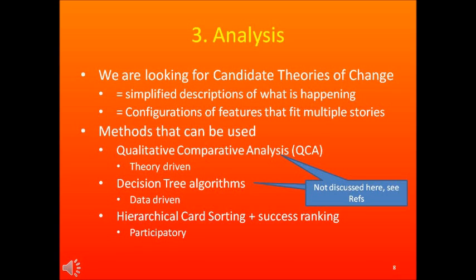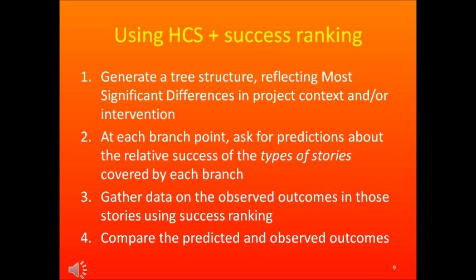I'm not going to be discussing qualitative comparative analysis or decision tree algorithms in this presentation. The rest of the presentation will be about hierarchical card sorting combined with success ranking, but there are a few references to these other two methods at the end of the presentation. The process of using hierarchical card sorting and success ranking involves 4 steps.